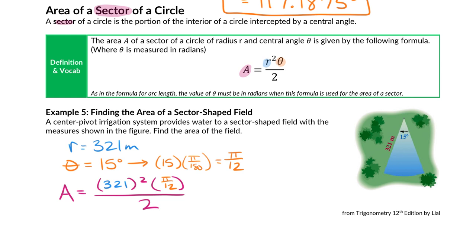This one will be a decimal because we're at the end of the problem. Four decimal places, please. It's a large number. 13,488.0354 square meters.